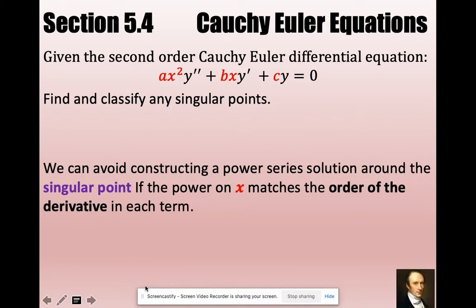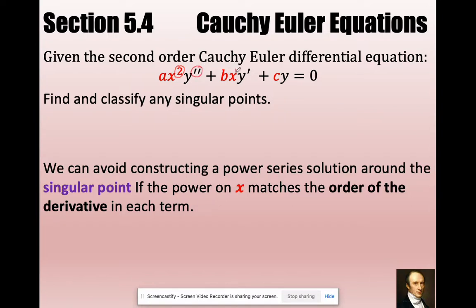So here he is, Cauchy. I forgot his first name. We can avoid constructing a power series if the power on x matches the order of derivative of each term. So here's what I mean by that. The power on x is 2, and the order of the derivative is 2.